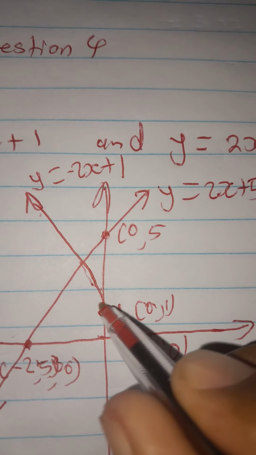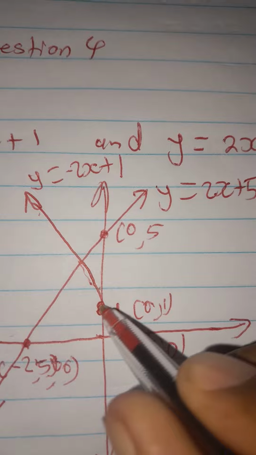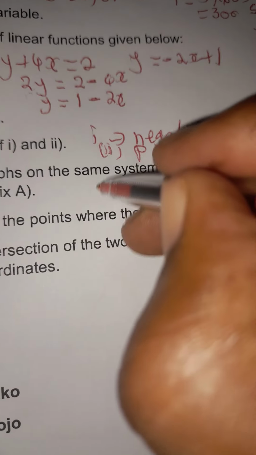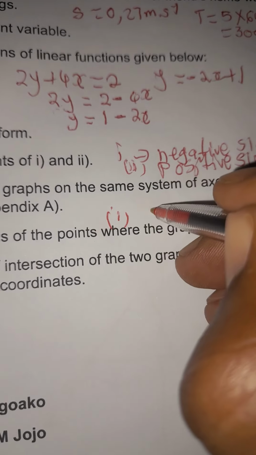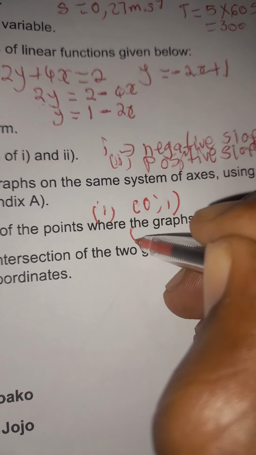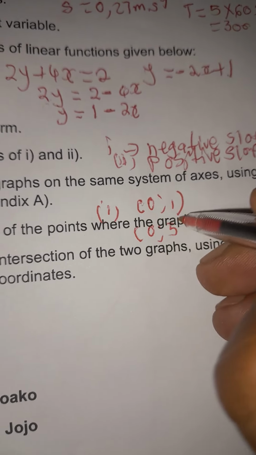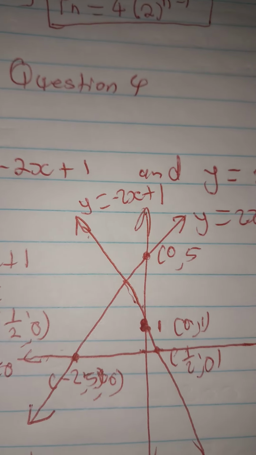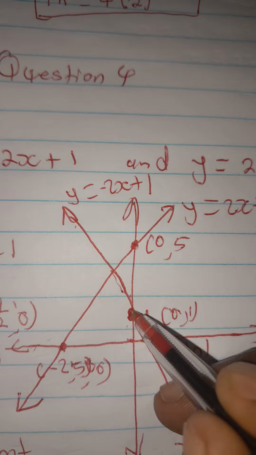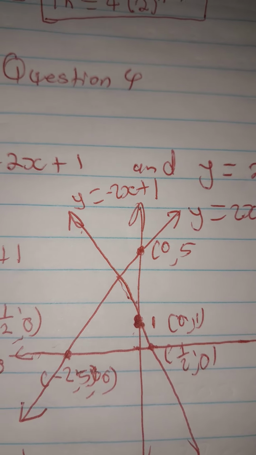It will be 0 and 1 for the first graph. Then the other one will be 0 and 5. This is where it cuts the y-axis. For the Roman figure 1 graph, it is 0 and 1.